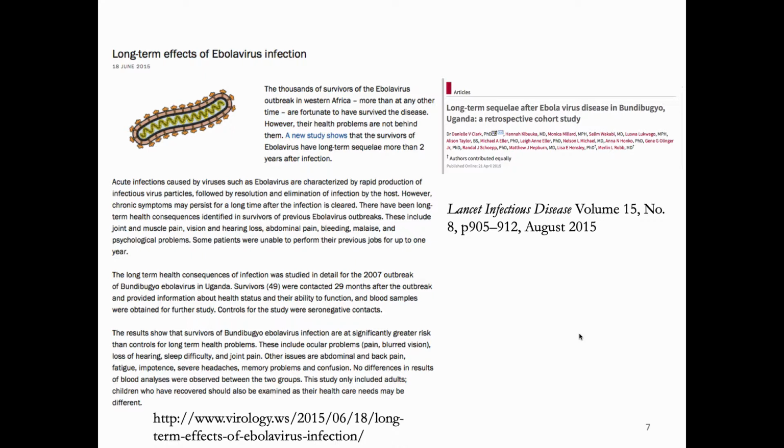And this paragraph talks about some of the things that were observed in Ebola survivors. And they include ocular problems, so pain or blurred vision in the eye, loss of hearing, sleeping difficulty, joint pain, abdominal and back pain, fatigue, impotence, severe headaches, memory problems, and confusion.